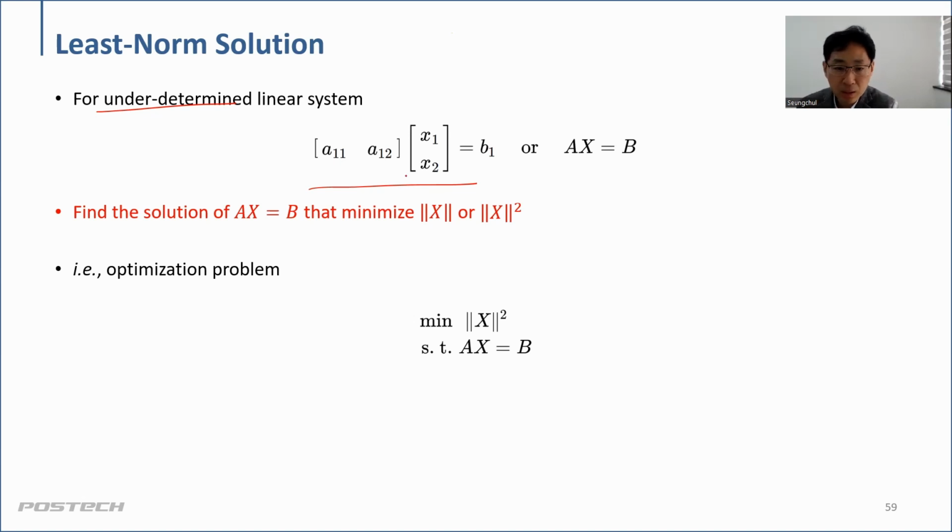One example is to find the solution that minimizes the distance, or strength, or norm of the vector x, squared as well. Now it turns out to be an optimization problem. This is the first time I mention optimization; later on we will have another topic to discuss optimization.